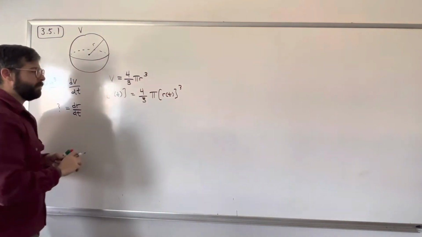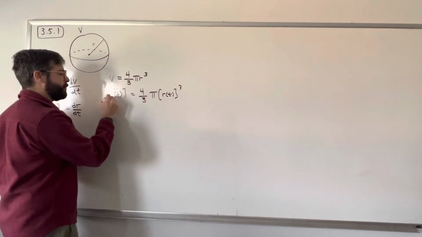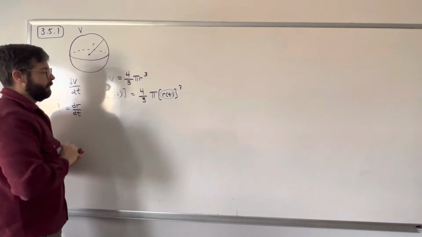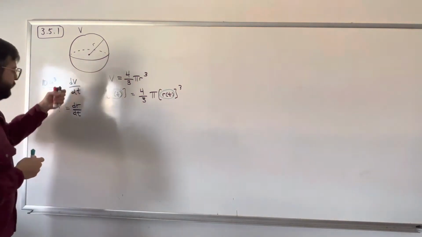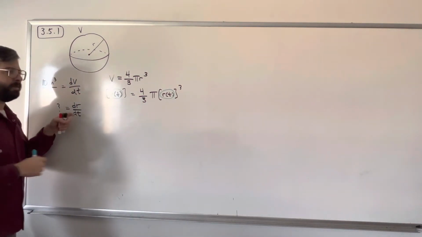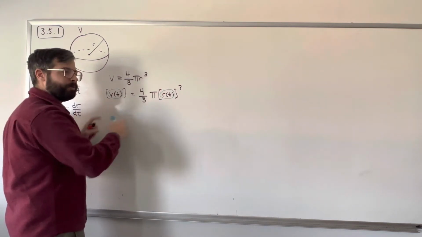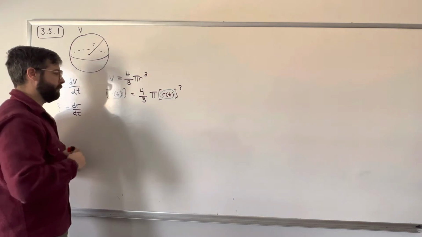The reason I'm using those brackets is to let you know that we have an inner function of r here. The key to relating dV/dt and dr/dt, which are not present here, is to differentiate both sides with respect to time.